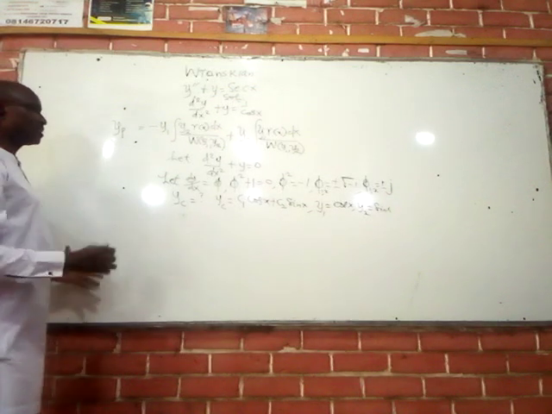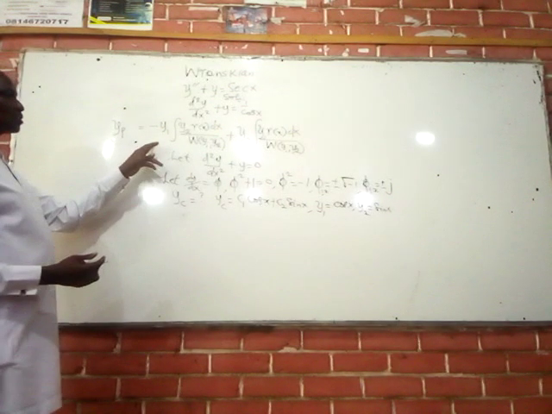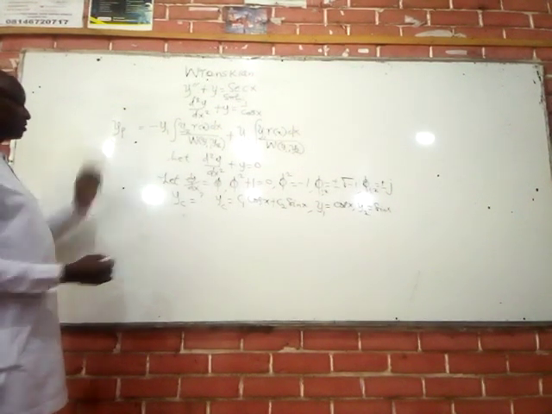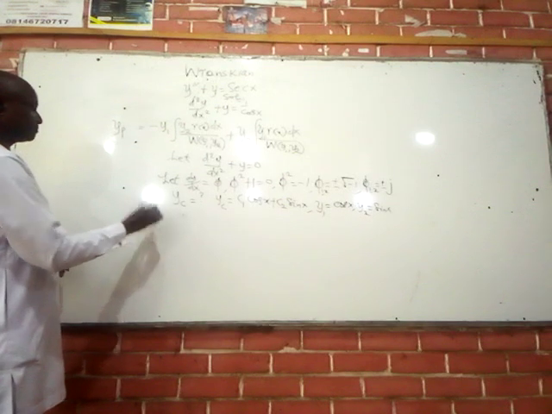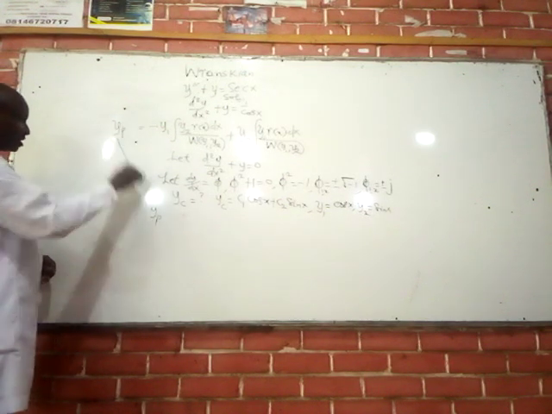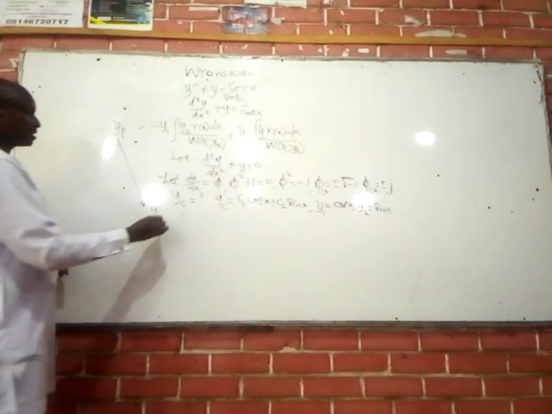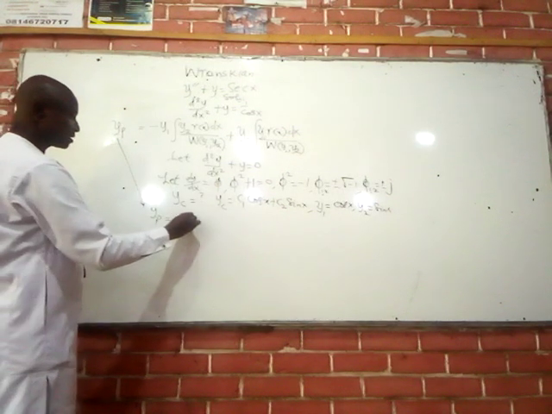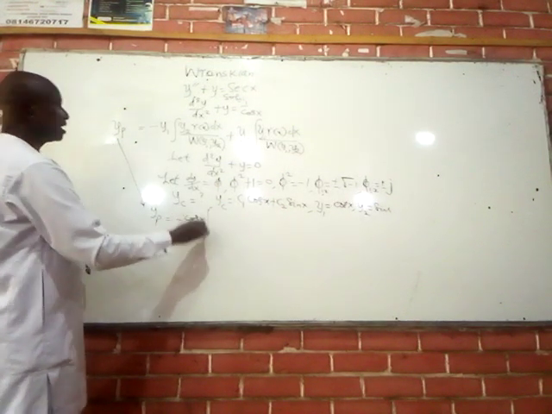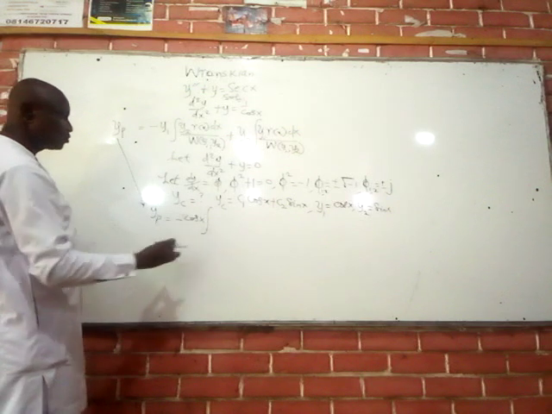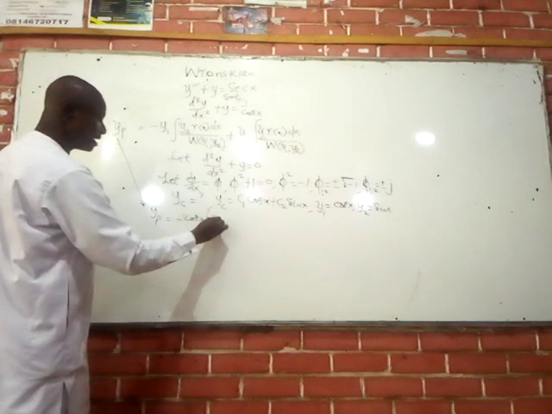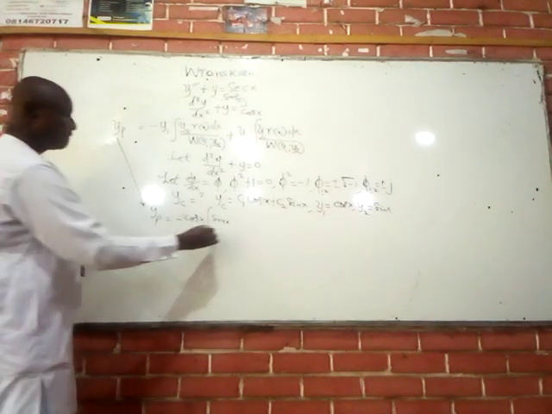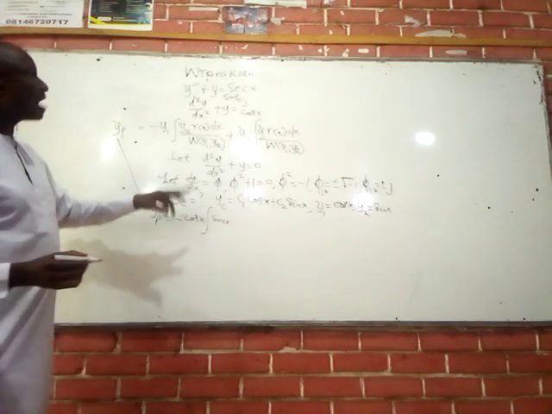So when this is utilized in the WRONSKIAN relationship for the particular expression, y particular is equal to minus y1, which is cos x, integral of y2, which is sine x, multiplied by RS.